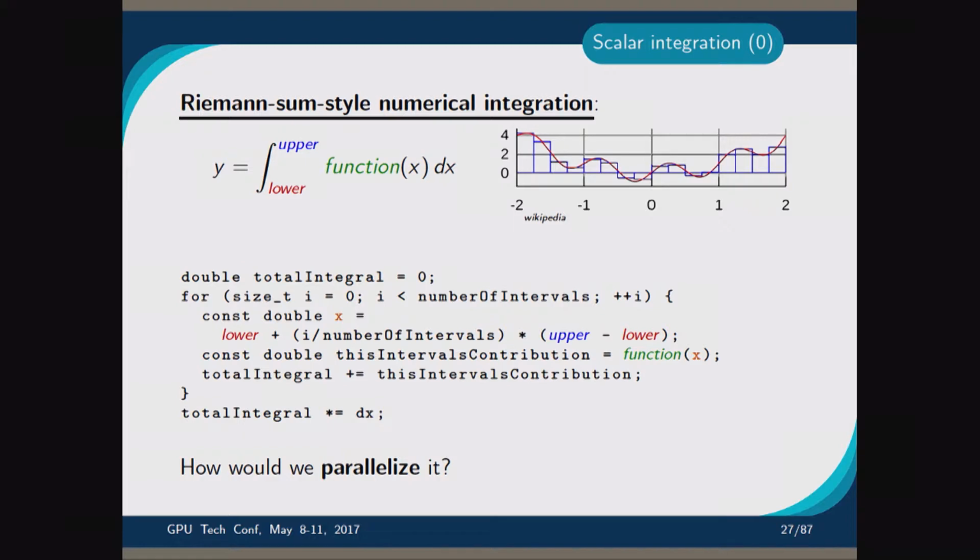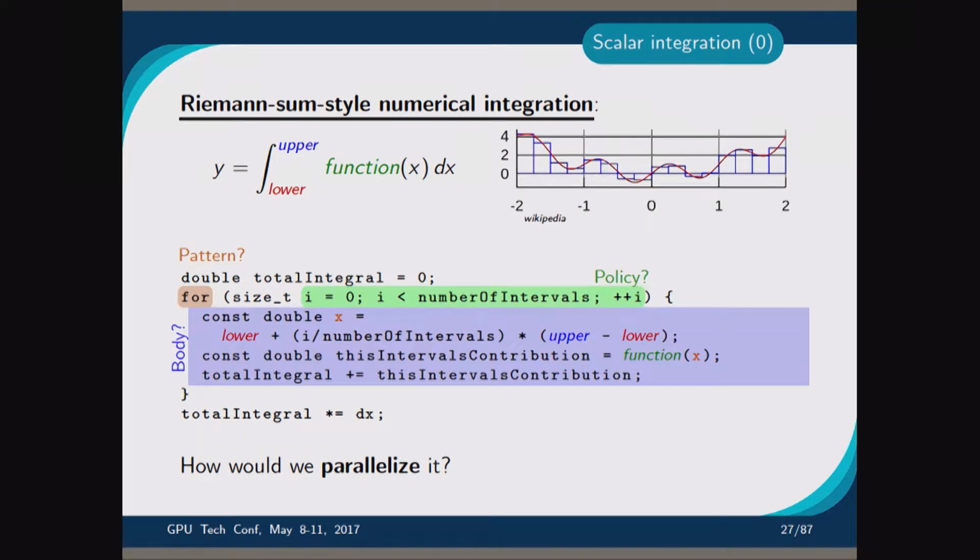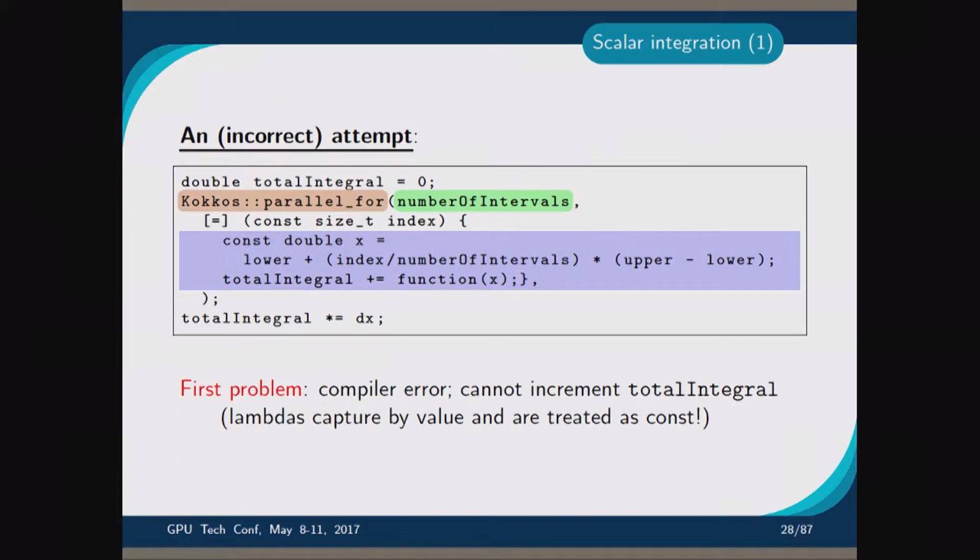So how do we make this thing parallel? Well, we got a pattern. We looked at the source code, and we saw a pattern, a body, and the policy. So just to let you know ahead of time, this is the wrong thing, but what's wrong? If we do this, Kokkos parallel for, capture by value so that we know we can pass it to the GPU, the compiler is going to give you an error if you try to compile this code.